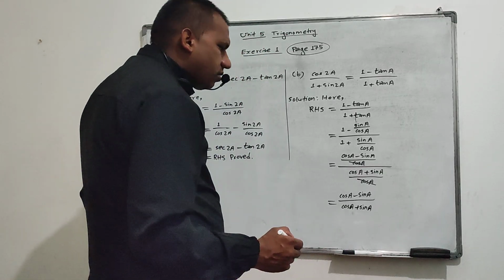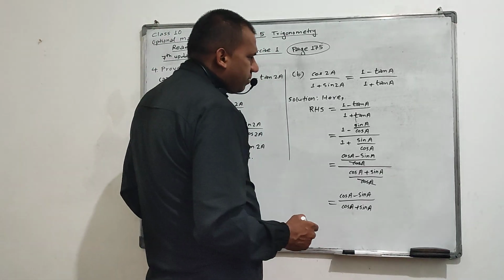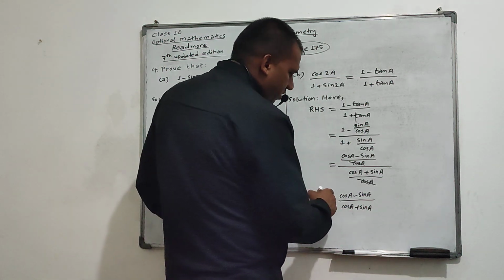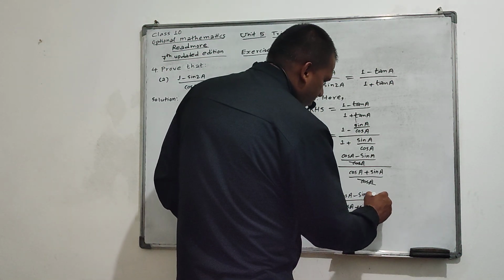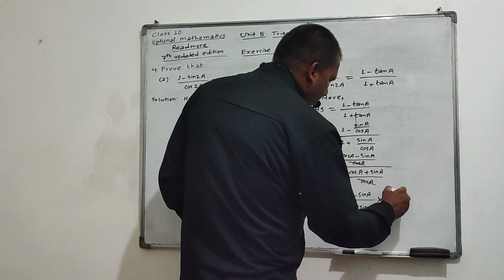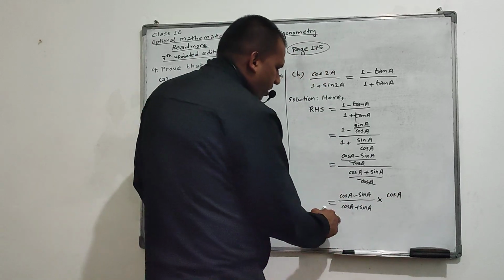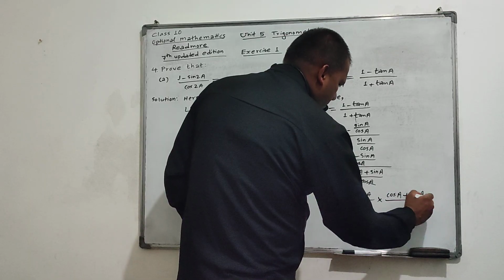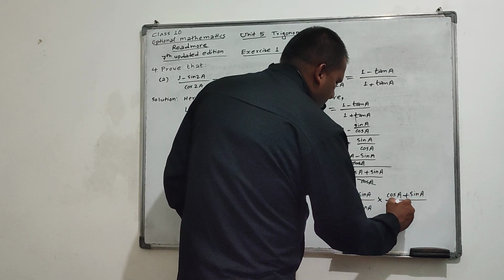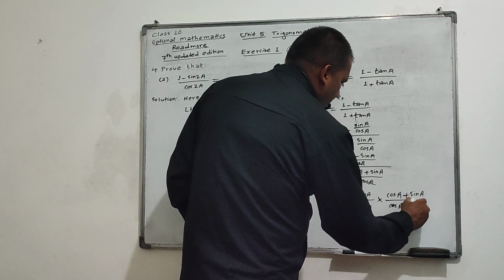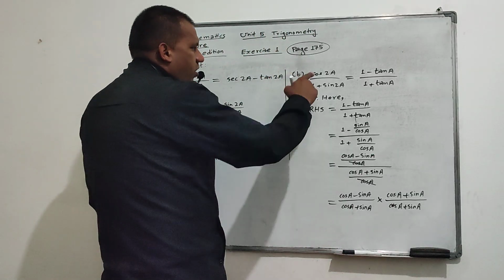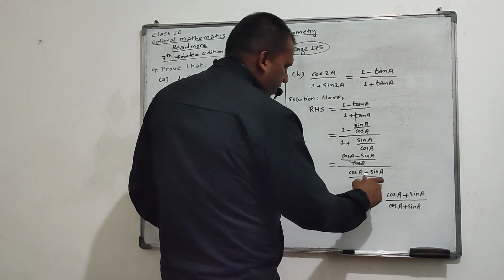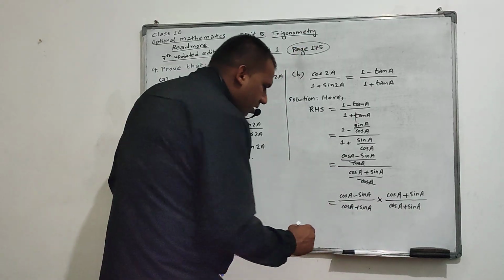Now this is multiplied by, to get cos 2a, we need the conjugate of the numerator, so both are multiplied by the cos a plus sin a term. Cos a plus sin a upon cos a plus sin a, because the upper part is cos 2a, so to get cos 2a we need cos square a minus sin square a.